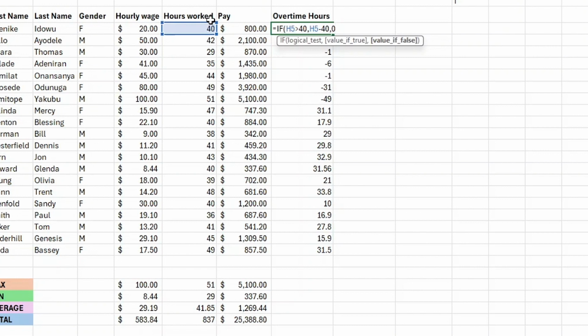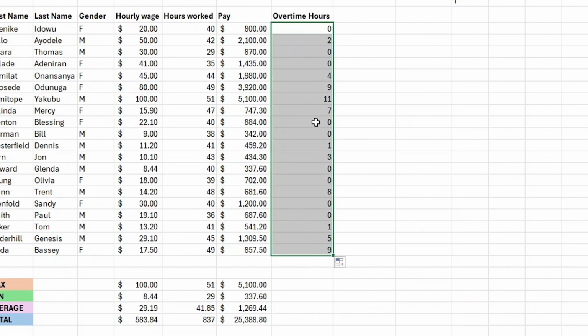We want to make this overtime hours look like if hours worked is greater than 40, then hours worked minus 40, otherwise it will be equal to 0. Then you add the operators and can you see? Instead of the -1, let's auto-fill it.